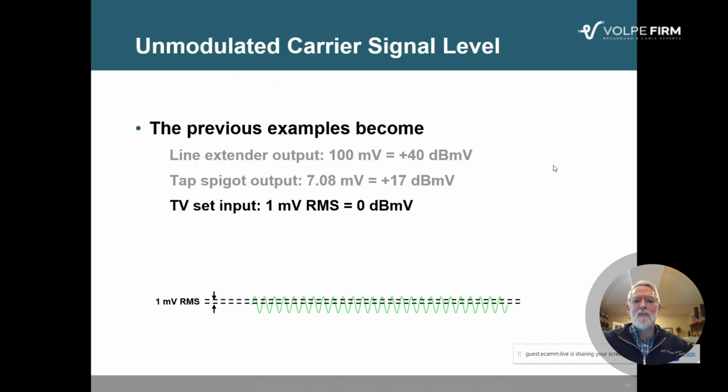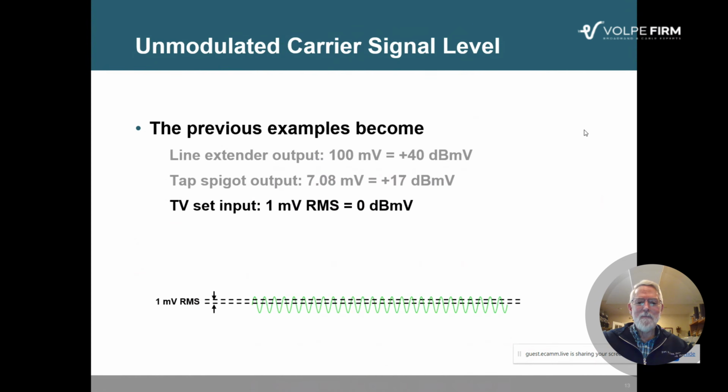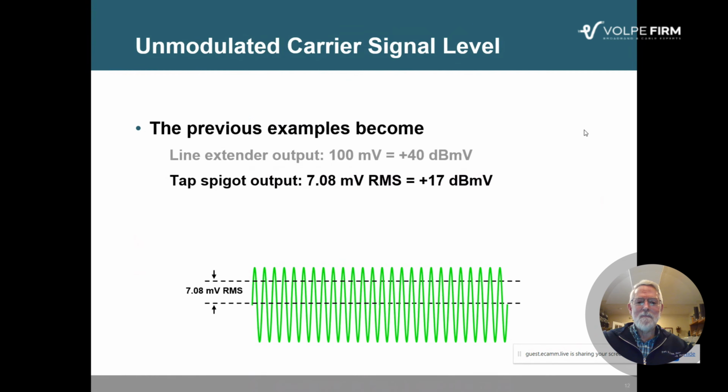The input to a TV or set-top box, 1 millivolt is 0 dBmV. And then look at that sinusoidal waveform, how small that got compared to these others. That got small quickly, but what I'm starting to see here is a trend, that using dBmV is a lot easier than talking in nanovolts and root mean square and stuff.